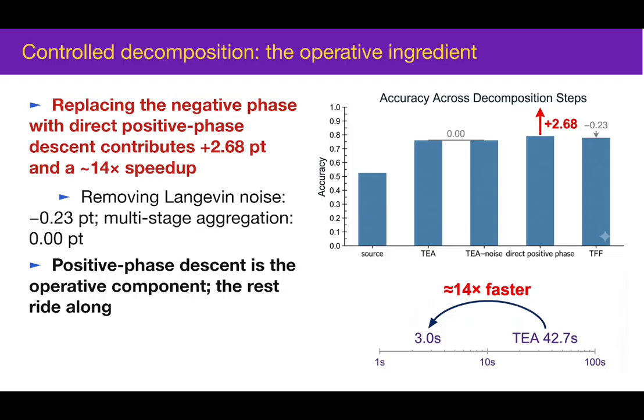The other parts, the noise and the model stage, add basically nothing measurable. The positive phase is the real worker here, and the rest simply came along.